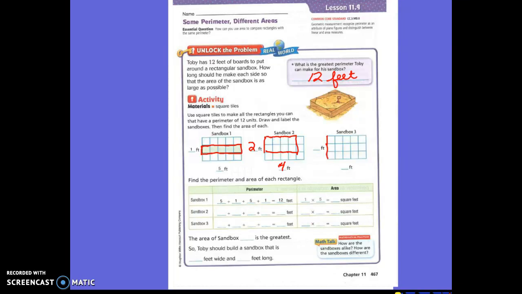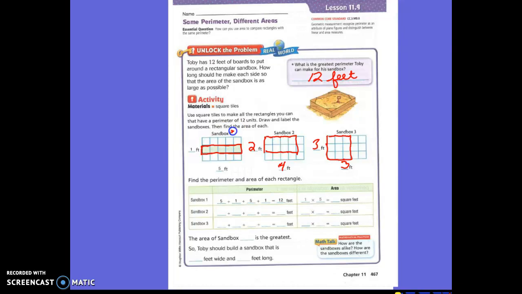If we do 3 feet, then we go 4, 5, 6, over 6, 7, 8, 9, 10, 11, 12. So what's the height? What's the length? 3. What's the width? 3.